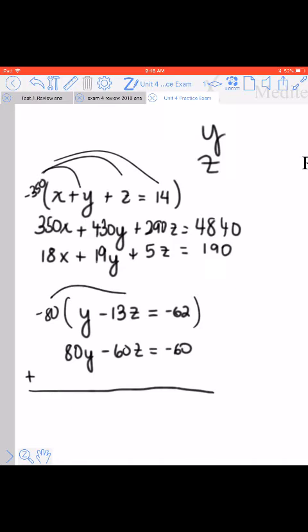If I combine that with the negative 60, that's going to give me 980z. Now 80 multiplied by the 62 over here is 4,960. When I subtract the 60 from that, that's going to give me 4,900.